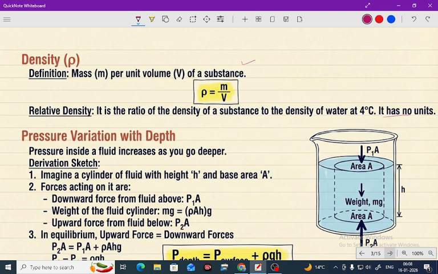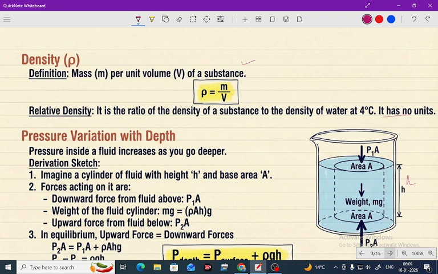Now we will find the pressure variation with depth. We see that pressure inside a fluid increases as we go deeper. Now, derivation sketch. Imagine a cylinder of fluid with height h and base area A. Forces acting on it are the downward force from the fluid above, that is P1 into A, and the weight of the fluid cylinder, m into g.